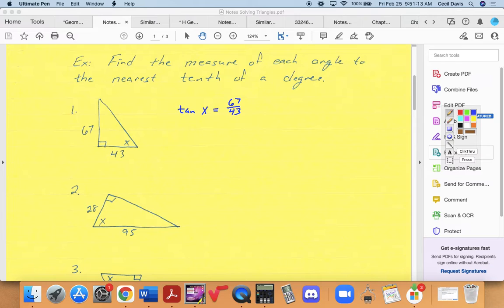So we got rid of it by doing the inverse. We'll do the same thing here. We'll end up with x is equal to the tangent inverse, because tangent inverse and tangent undo one another. Everybody say it. Tangent inverse. Say it again. Tangent inverse of 67 over 43.